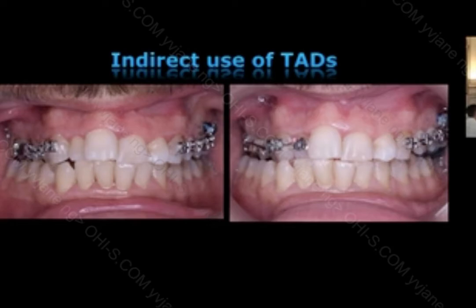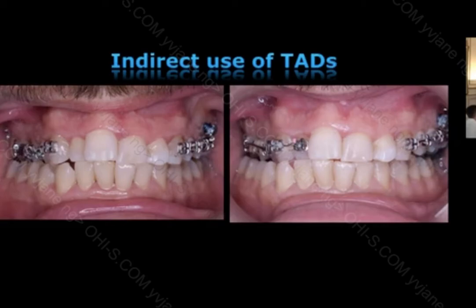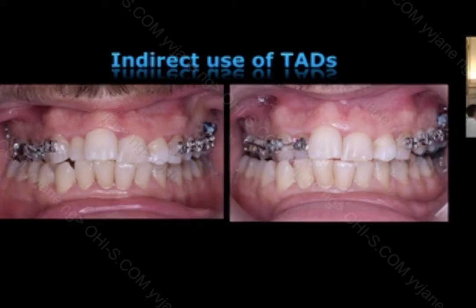You see that? What was happening is that the TAD was not stable at all. This is what we call an indirect anchorage. And so these teeth were just moving as if the TAD was not there. So this is an anchorage loss.